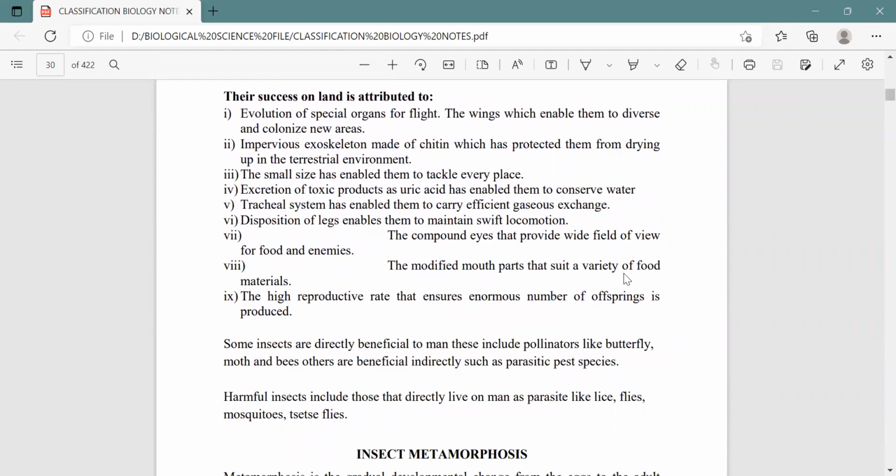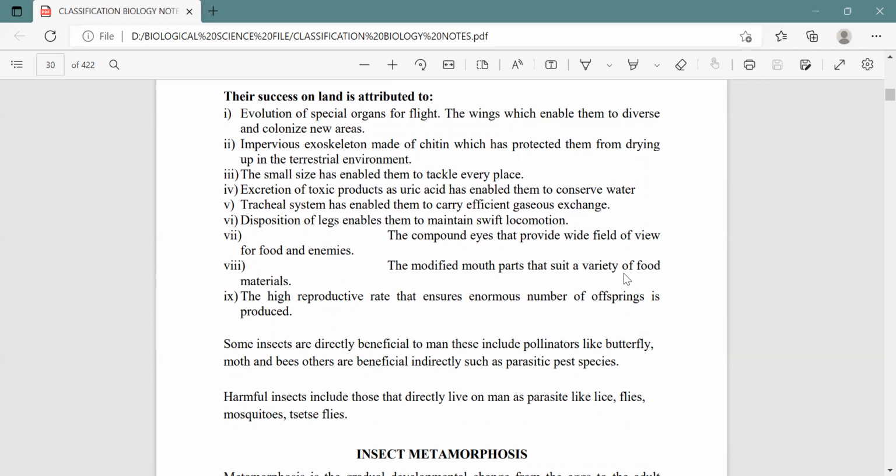So that section covers the success of insects on land. Why have insects been successful on land? For example, you are given some reasons: they have evolved special organs such as wings for flight that enable them to occupy diverse environments and diverse habitats across the world.